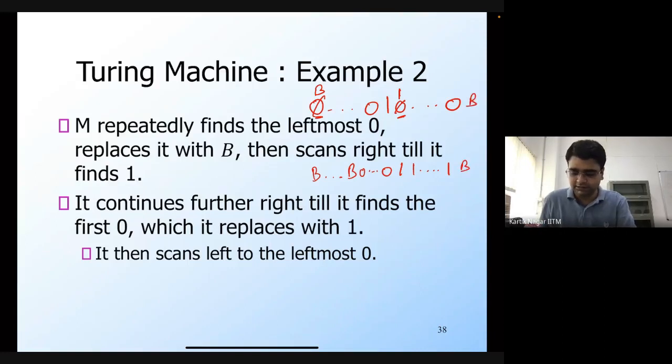So this is a configuration where m was greater than n, so that you converted all the n zeros to 1, and similarly you converted n plus 1 zeros to blank. And you are basically trying to scan to the right, looking for the 1.